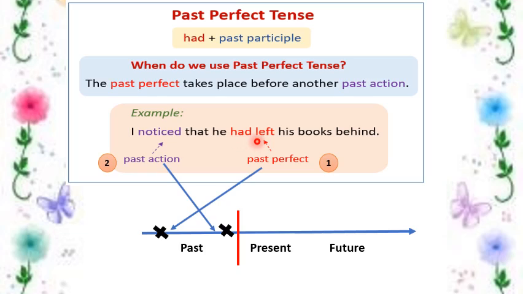So here had left the books happened first, that is converted into past perfect tense, and then we have another action which is in simple past tense. With this arrow it will be easy for you to understand that both actions occurred in the past, the first started before the second action.